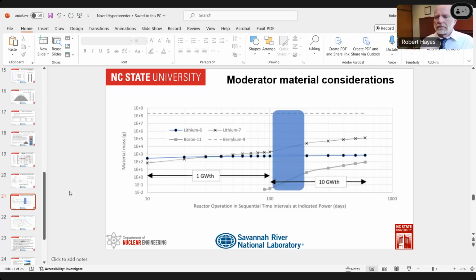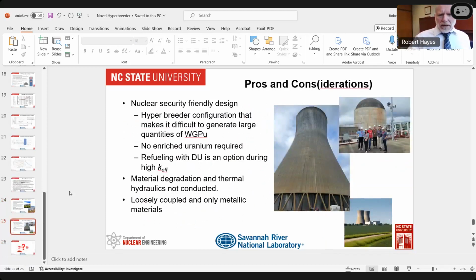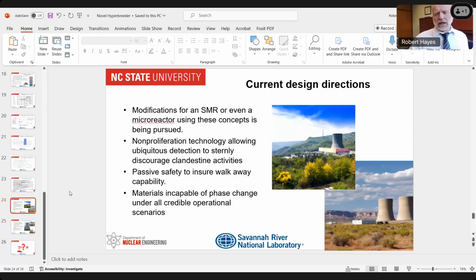Our next question from Adam. Are you taking any lessons learned from the French breeder reactors or industry in the designs for these? Not so much, because right now we're still in the initial design stage. And if I go back to our upcoming priorities, it's going to be how can we make this passively walk away safe?